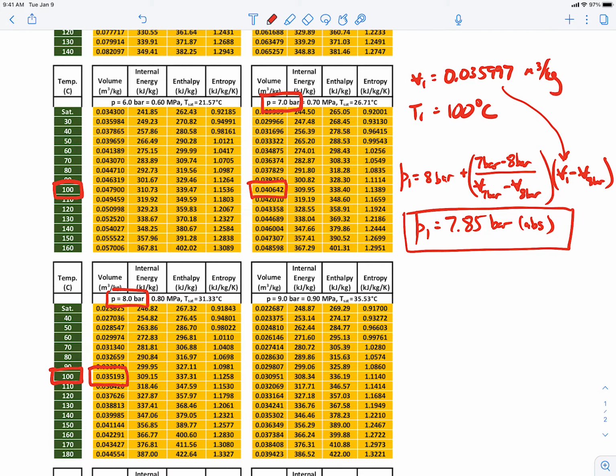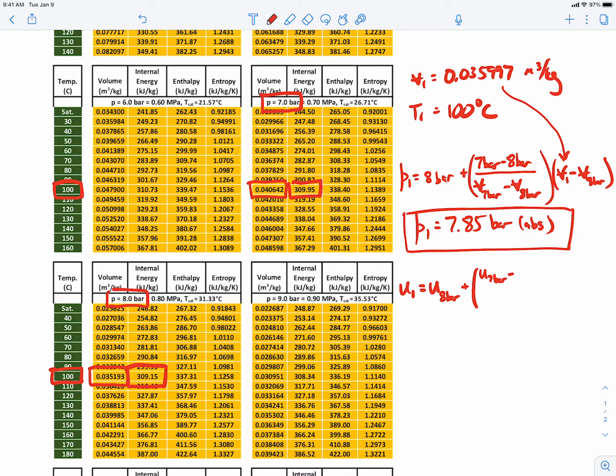Now, I also want to find what the initial specific internal energy is, so I'll have to do the same kind of linear interpolation, but now I'll be interpolating based on the specific internal energy, those values that I just boxed in. So that looks much the same. I'm going to do specific internal energy at 1 is the specific internal energy at 8 bar plus how that specific internal energy changes.